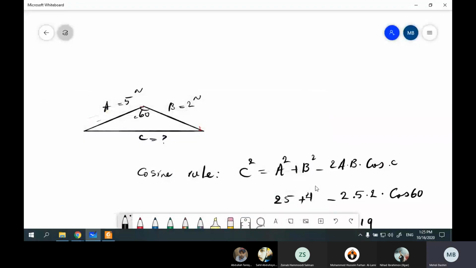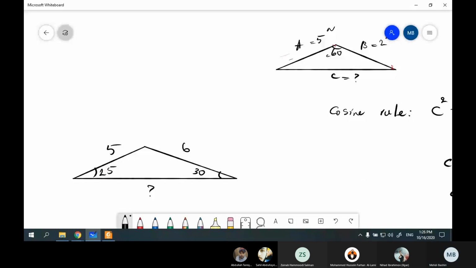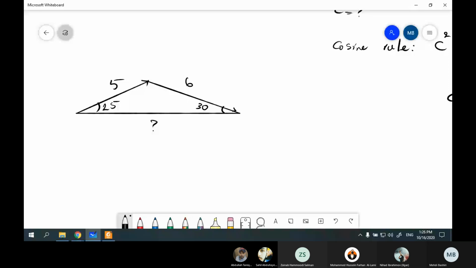In the other case, the sine rule, for example, we have another situation. In this situation, we have this angle of 30, this angle of, for example, 25, and this one is, for example, 5, this one is 6, and we don't know how much this is. Okay, so in this case, this one is also unknown.